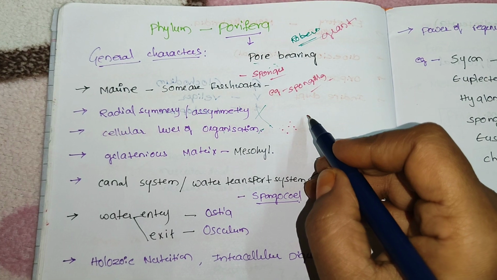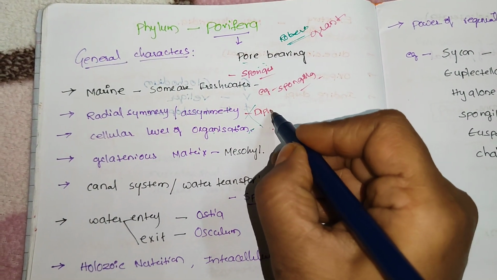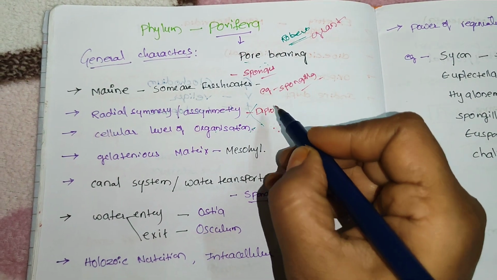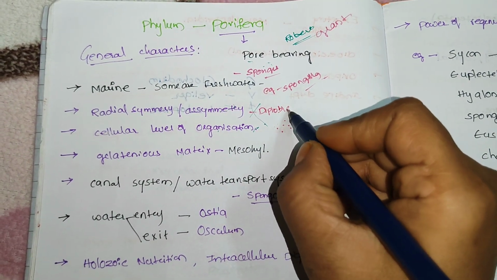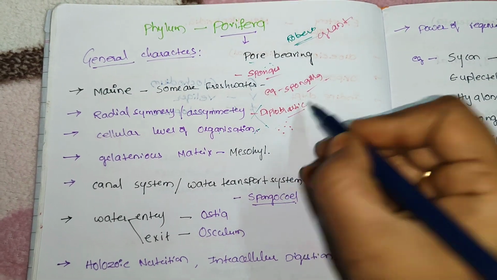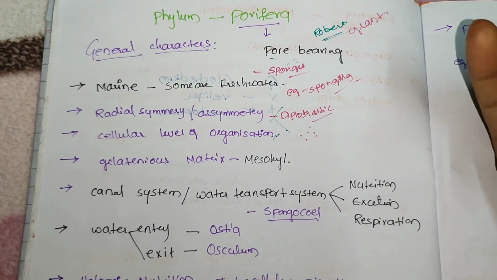And also these are diploblastic. Already in the introduction class, I explained diploblastic, triploblastic and the types of symmetry. Diploblastic means made up of two germinal layers, that is ectoderm and endoderm.